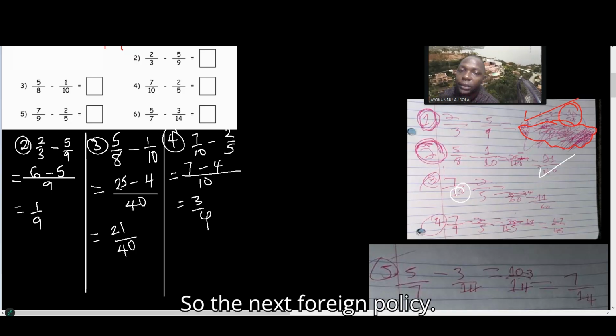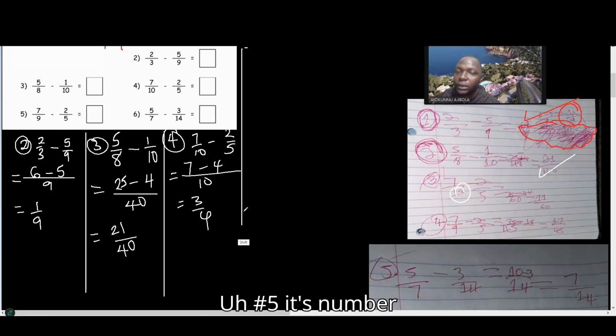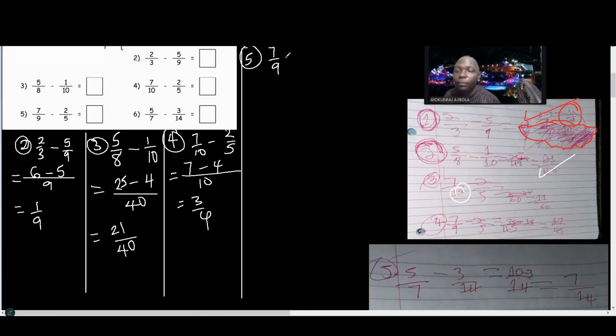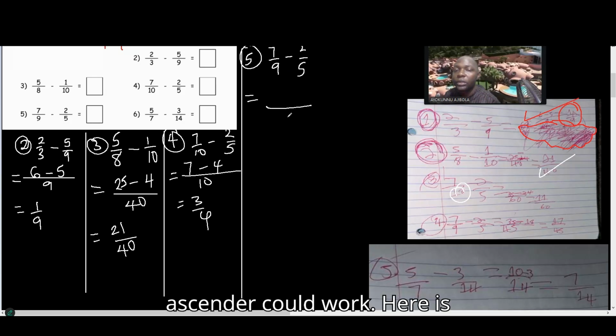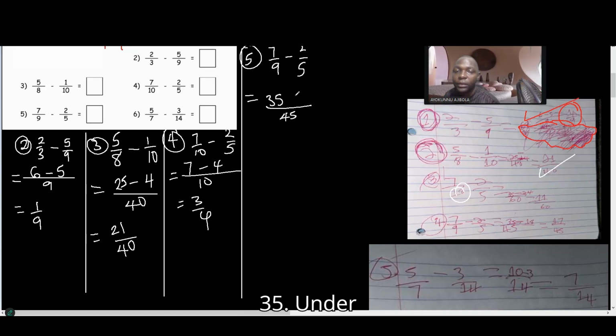So the next one, let's see. Number 5, which is number 4. 7 over 9 minus 2 over 5. So the LCM that could work here is 45. 9 here, 5, 5 times 7 is 35.